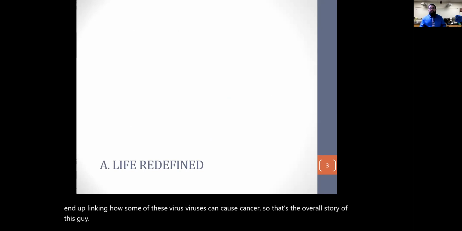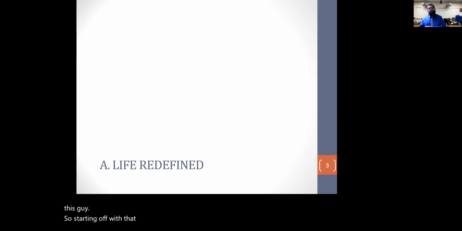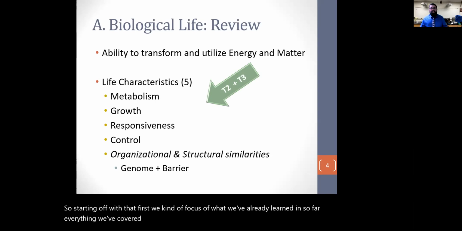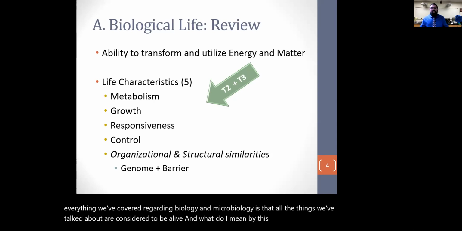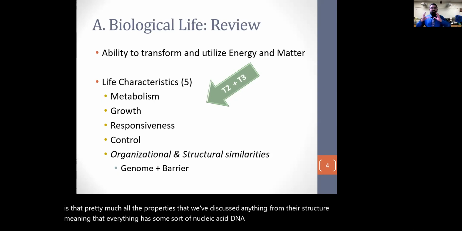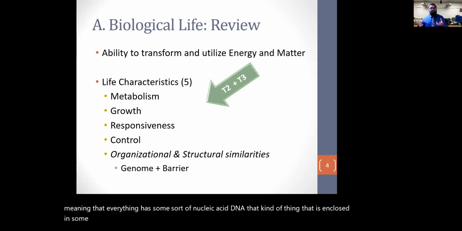So starting off with that, first, we have to focus on what we've already learned. So far, everything we've covered regarding biology and microbiology is that all the things we're talking about are considered to be alive. And what do I mean by this whole alive thing per se? Pretty much all the properties that we've discussed, anything from their structure, meaning that everything has some sort of nucleic acid, DNA, that is enclosed in some sort of small pocket of lipids, what you guys know as your membrane, right?